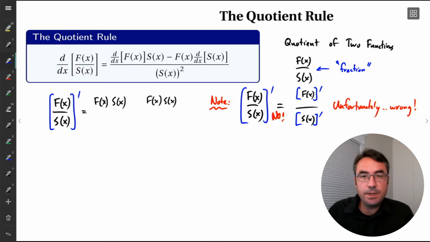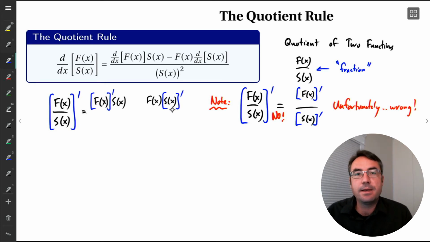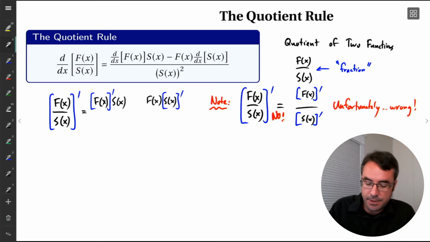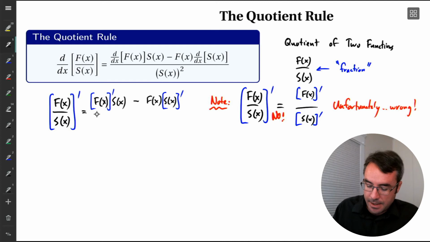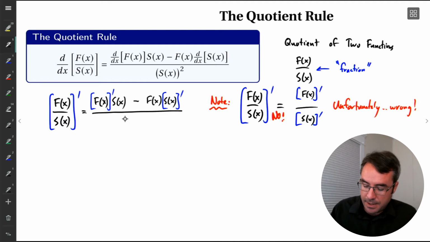And just like we did with product rule, in the first copy we apply the derivative to just the first term. In the second copy we apply the derivative to just the second term. Now the only difference here is we put a minus in between instead of an addition sign. And then we draw a nice big fraction and we square the original denominator.